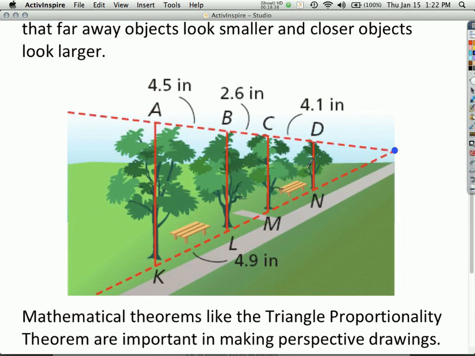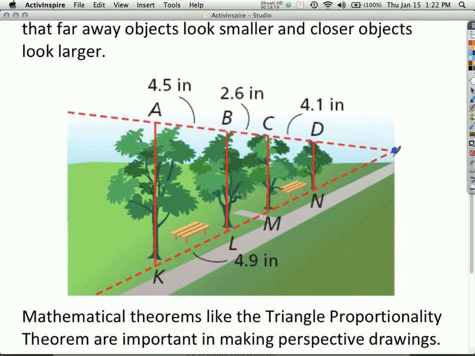It wouldn't have made sense for this tree to be way up here, unless it actually was. And it makes much more sense this way, and what happens is, by doing that, you actually trick the human brain into seeing depth. And that's what you're seeing as you move this way, depth.